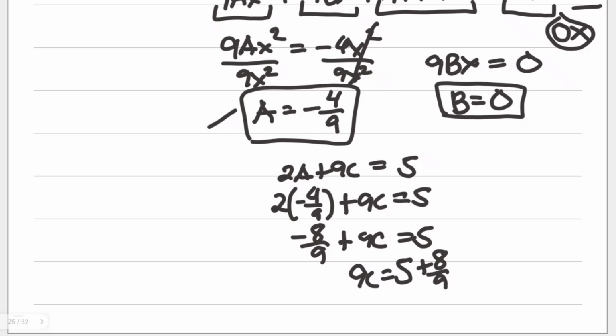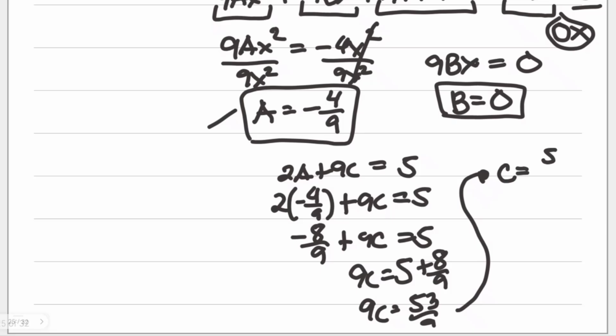So you will have here 9c is equal to 45 plus 8, that's 53 over 9. Dividing both sides by 9, c is 53 over 81, because we are going to multiply 1 over 9 on both sides to cancel that. This is now our c.